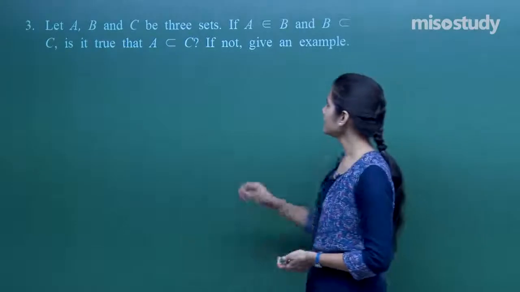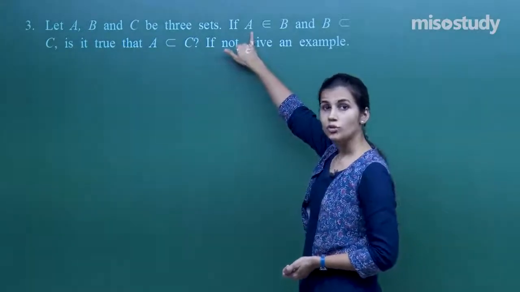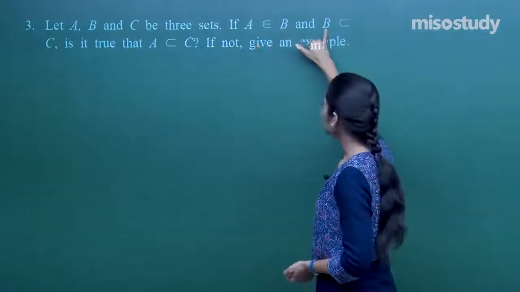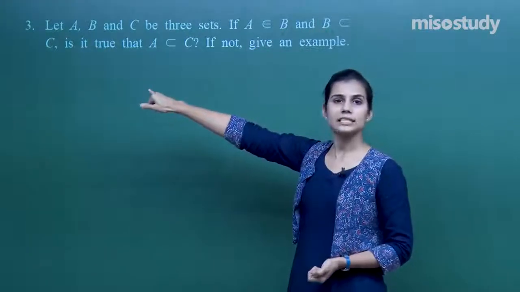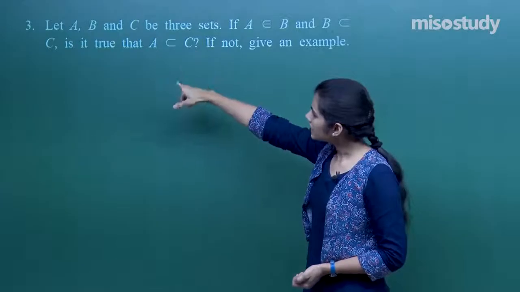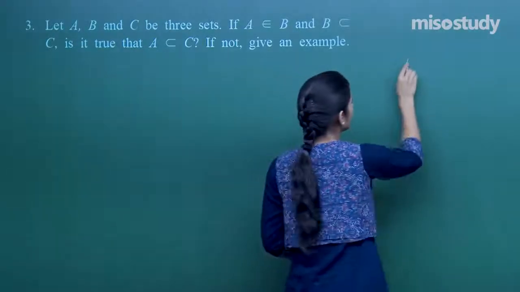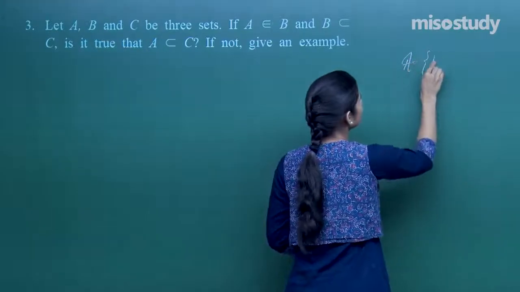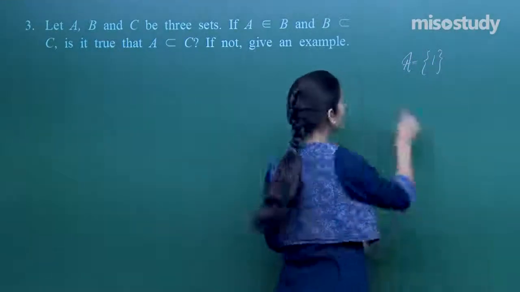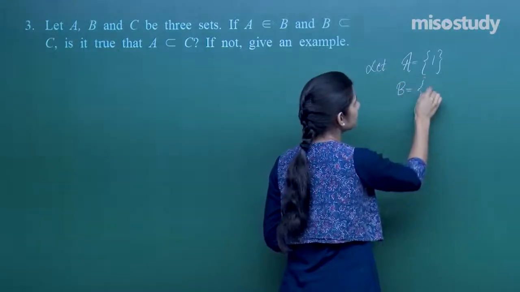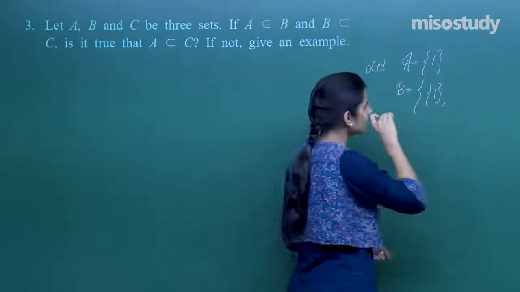Okay, so in here as I was saying, A is a set which is sitting inside B as an element. B is sitting as a set inside set C. Then they are asking, is A as a set contained in C as a set? See, if you take A as singleton 1, I am saying let A be singleton 1, B be a set consisting of singleton 1 set.